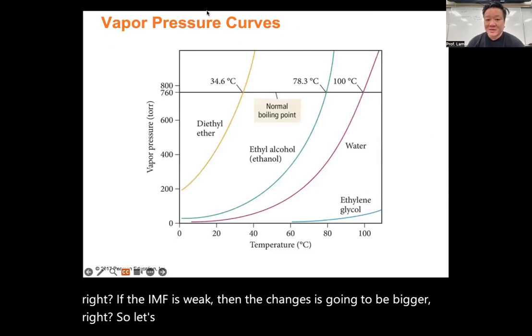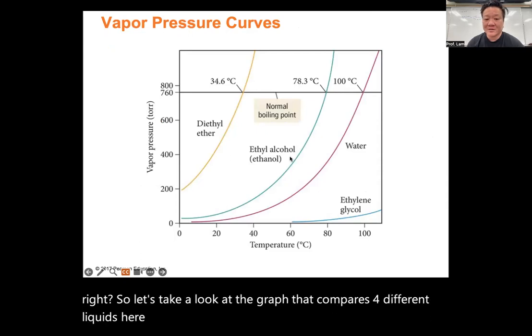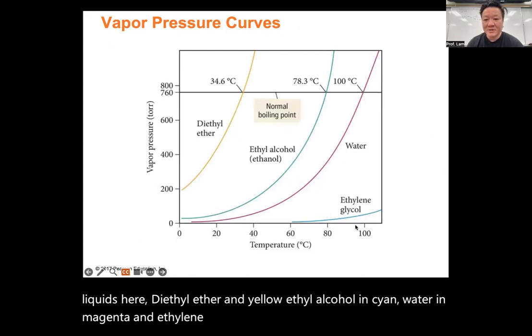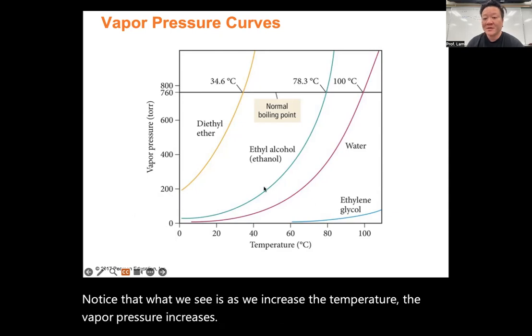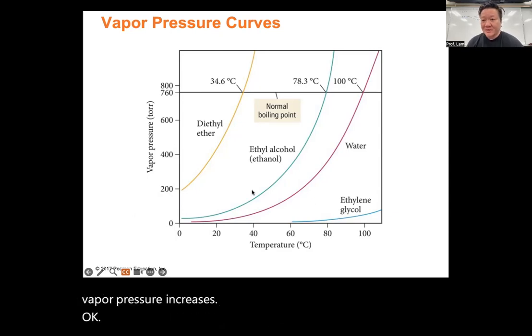So let's take a look at the graph that compares 4 different liquids here: diethyl ether in yellow, ethyl alcohol in cyan, water in magenta, and ethylene glycol in light blue. Notice that as we increase the temperature, the vapor pressure increases. So no surprise there, right? We already know that.